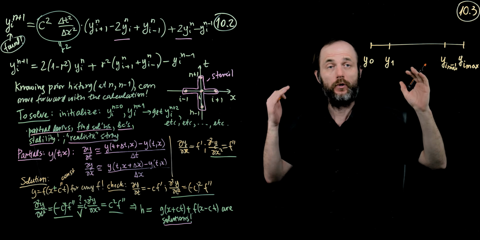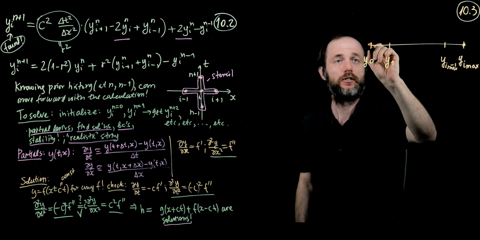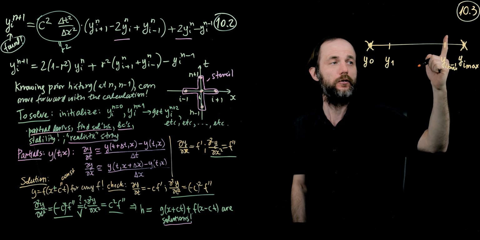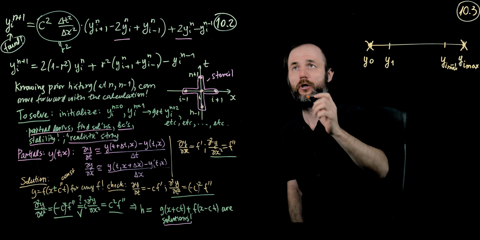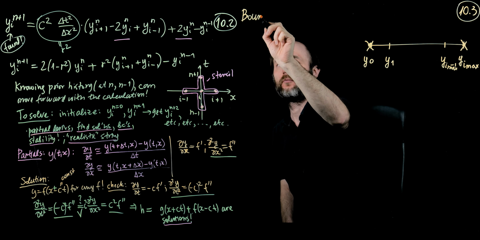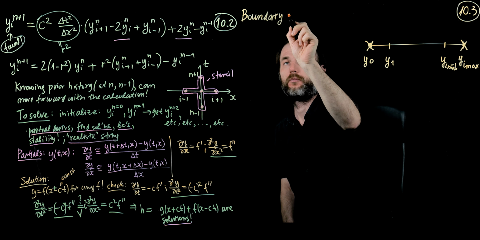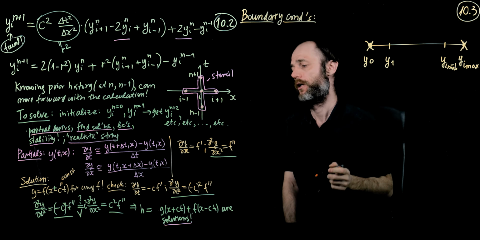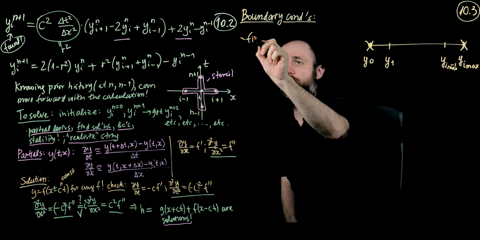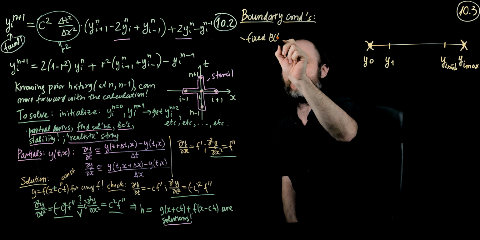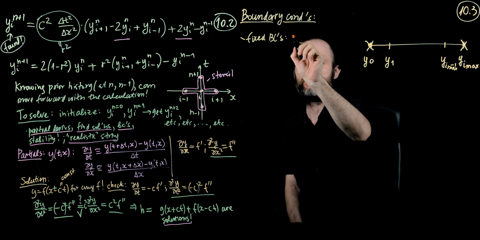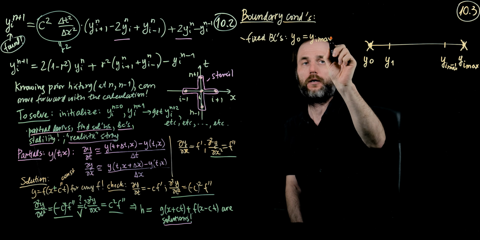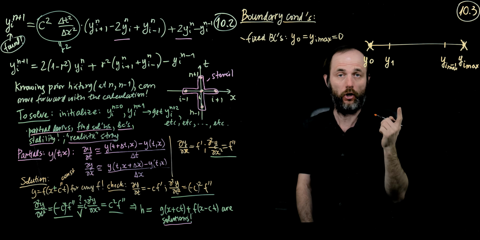So suppose that we would like to fix both ends such that they don't move anywhere. That means that y0 and yi max are constant. So in this case of fixed boundary conditions, we're going to say that y0 and yi max are zeros.